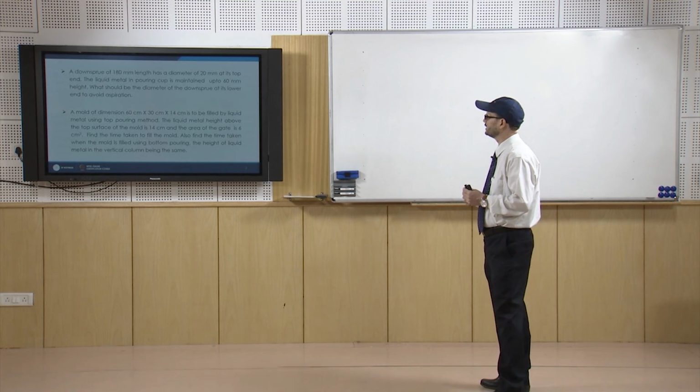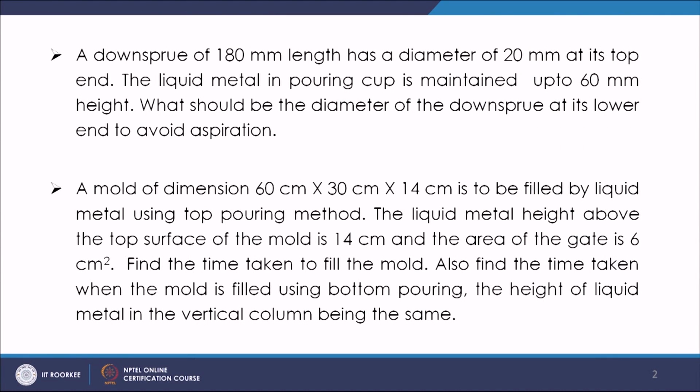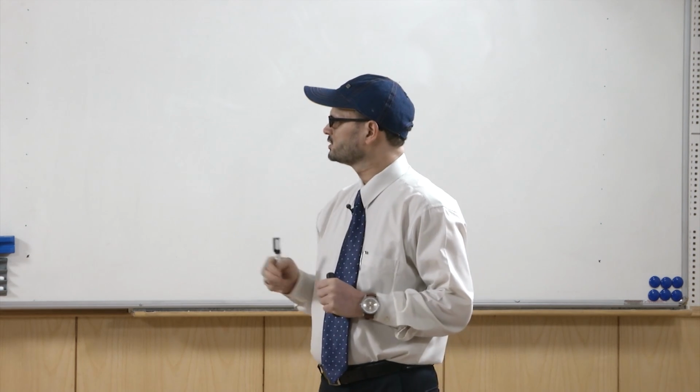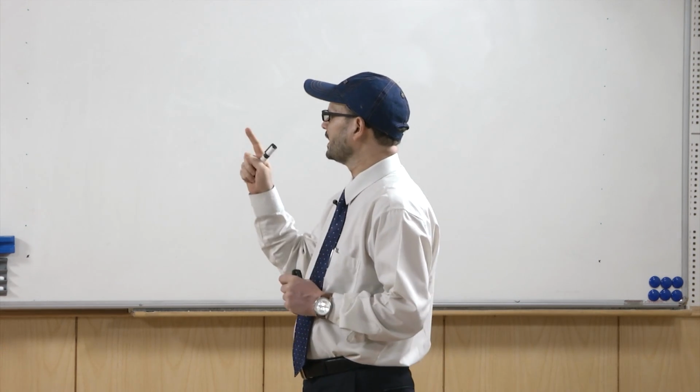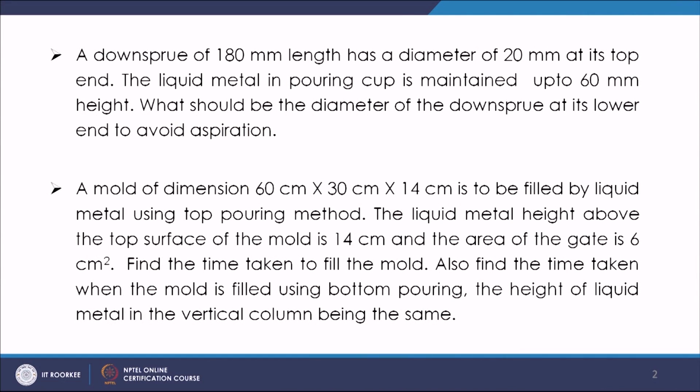The next question is as follows: a mold of dimension 60 centimeter by 30 centimeter by 14 centimeter is to be filled by liquid metal using the top pouring method. We have been given a mold whose dimension is given; 14 centimeter is the height of the mold. The liquid metal height above the top surface of the mold is 14 centimeter.